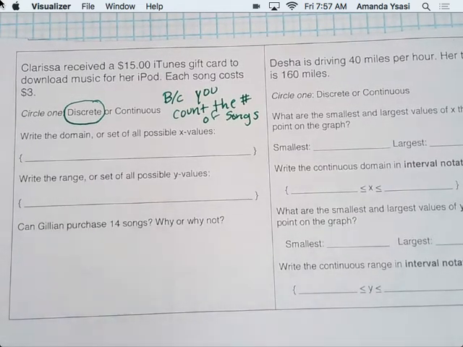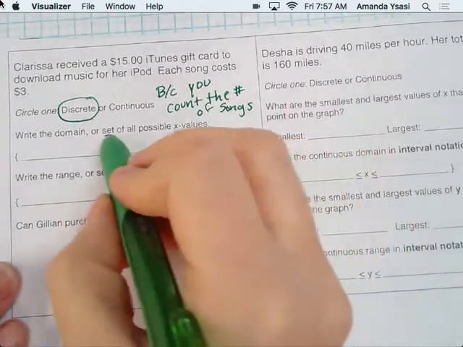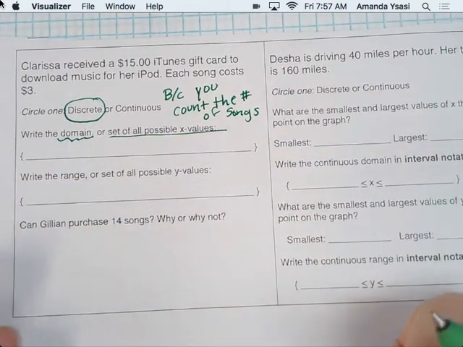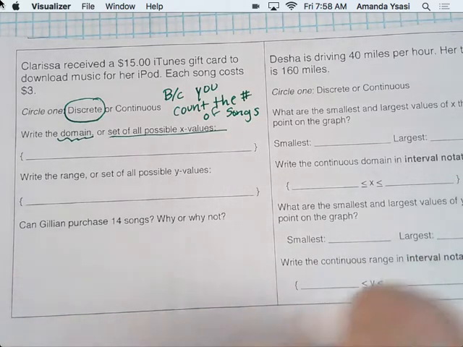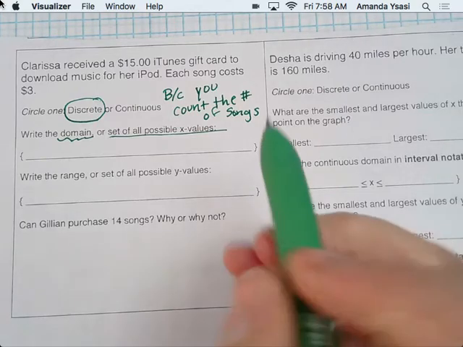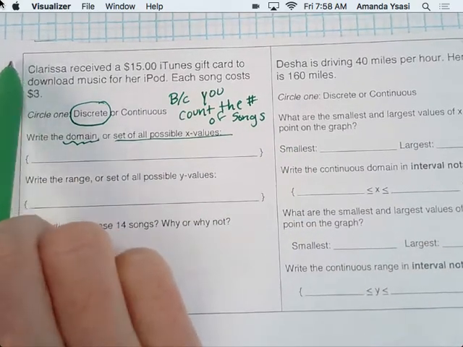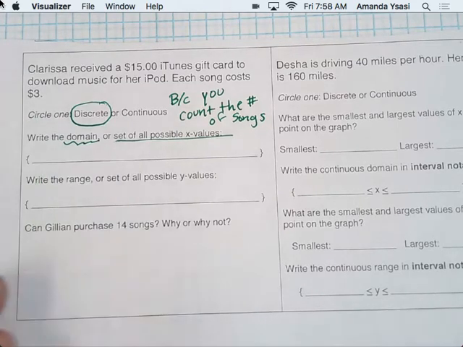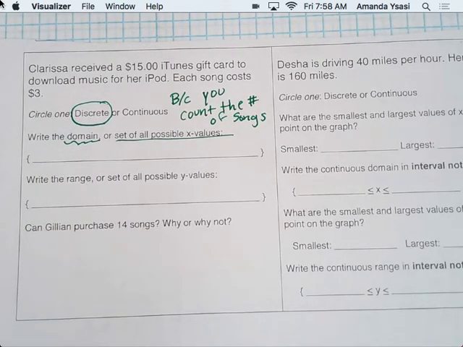So we need to list all the possible X values for the domain. So we need to first decide what is the variable that goes along with domain. X. And so within the context of this situation, how is the X represented?